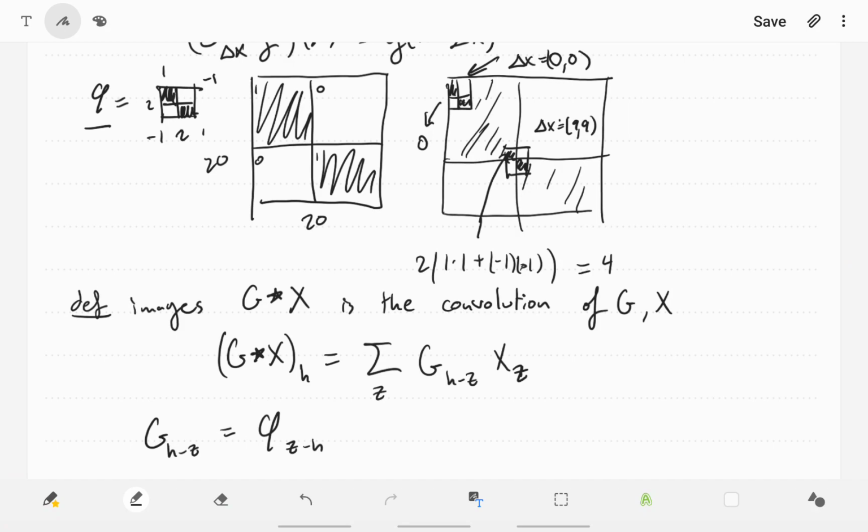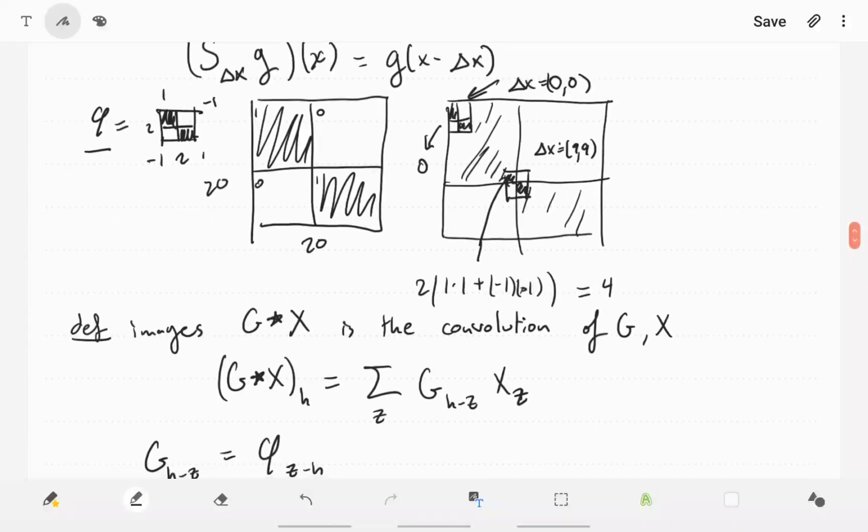If you take this phi of Z minus H, well, I shifted it by H. So if you take a filter and shift it by H, then you're taking the indices and subtracting off H from the indices. And so that's the shifted filter. And that's going to be our G of H minus Z.